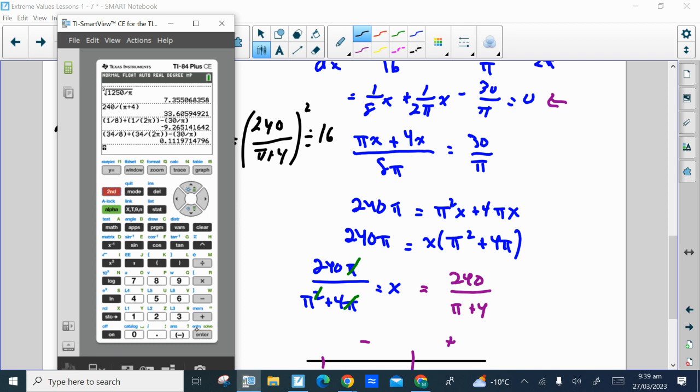So let me get back that answer again for our 240 over pi plus 4. There it is. I'm going to store that into memory because I need to square it and then divide it by 16. So the area of the square is approximately 70.6 centimeters squared.